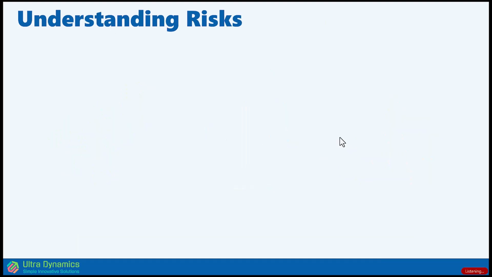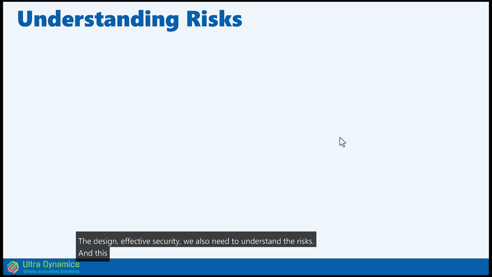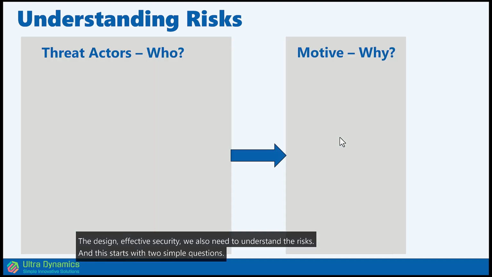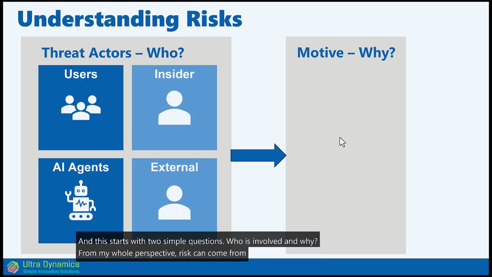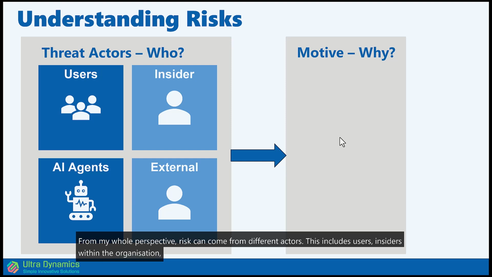To design effective security, we also need to understand the risks. And this starts with two simple questions. Who is involved and why? From a who perspective, risk can come from different actors. This includes users, insiders within the organization, external actors, and increasingly AI agents acting on behalf of users.